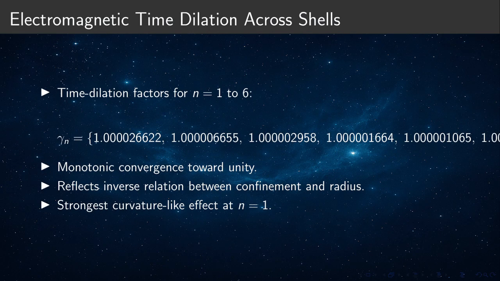Electromagnetic time dilation across hydrogen shells. Evaluating the electromagnetic Schwarzschild analog for the first 6 hydrogen shells yields the following time dilation factors.